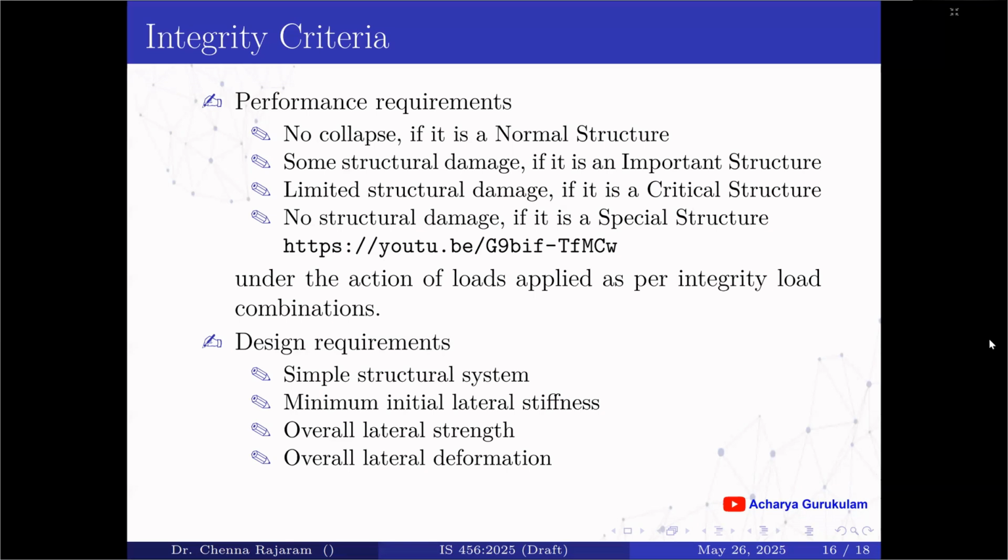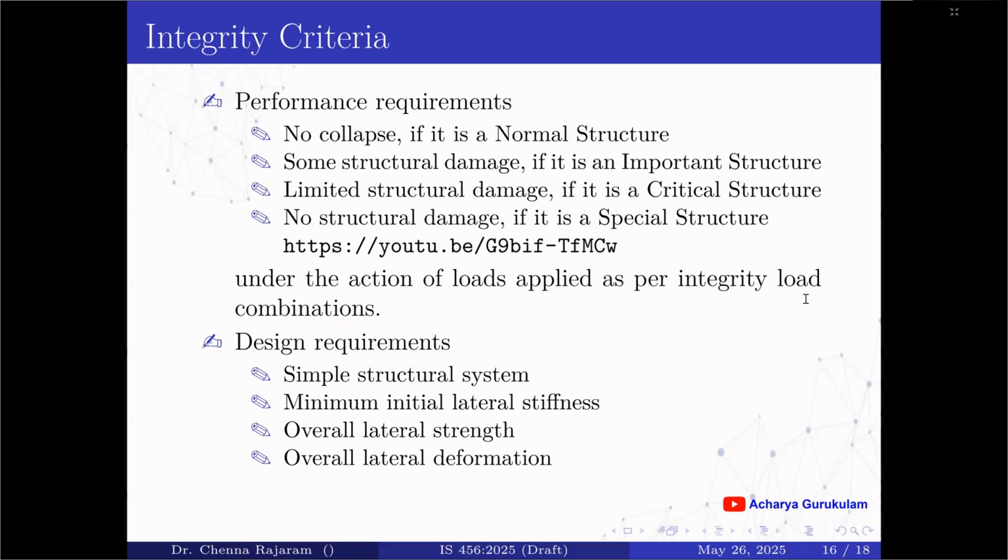Now, the load calculations related to the performance requirements of the structure are provided in the link below under the action of loads applied as per the integrity load combinations.